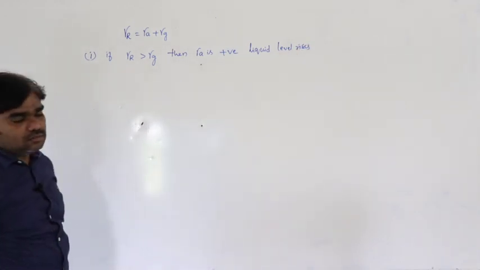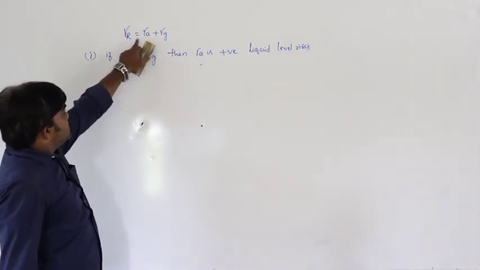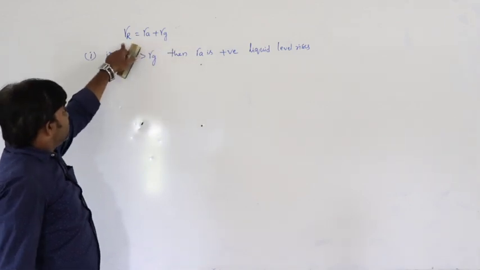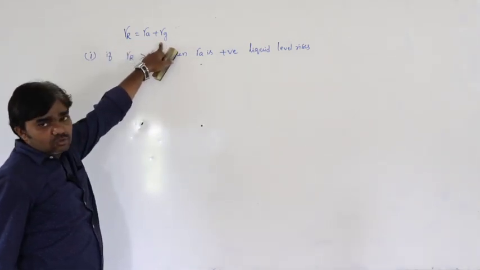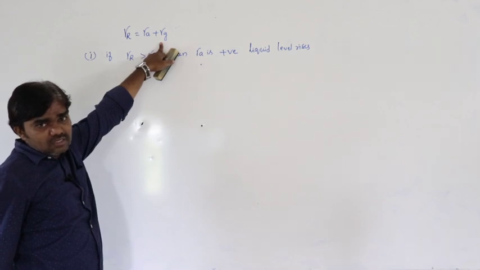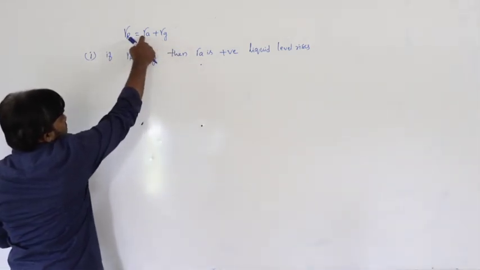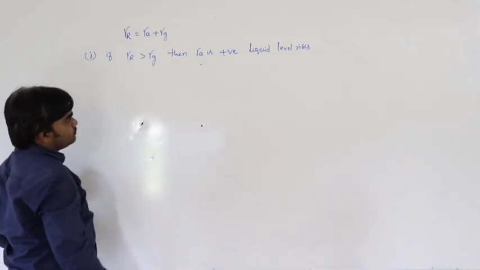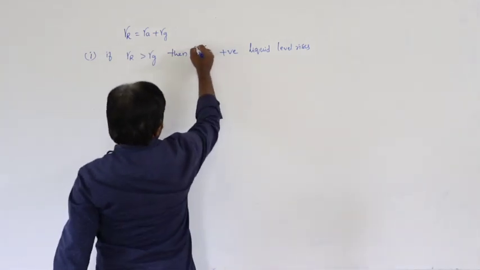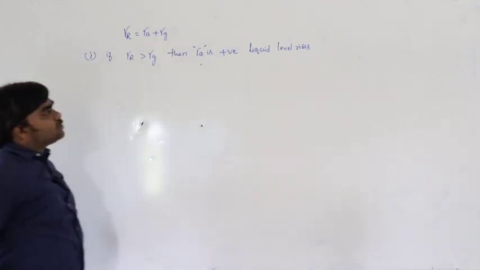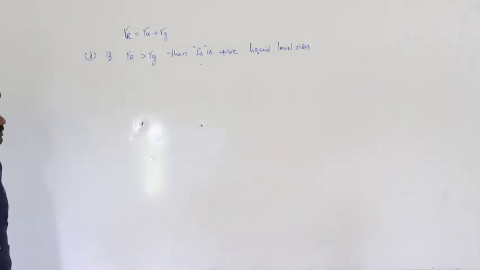So the first condition: if gamma R is greater than gamma G, the coefficient of real expansion is greater than the coefficient of volume expansion of the glass or container, then gamma A is positive. That's why the liquid level rises.